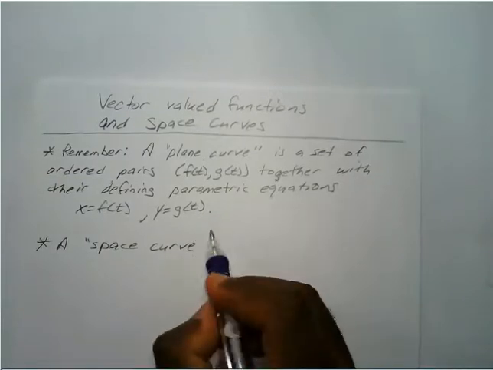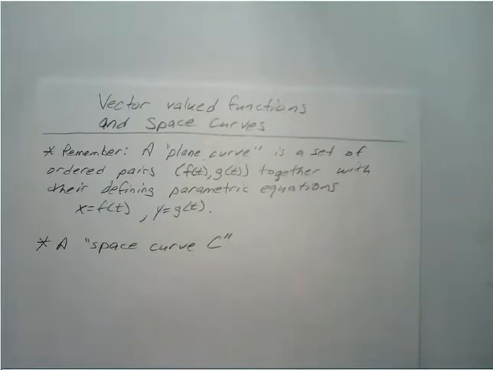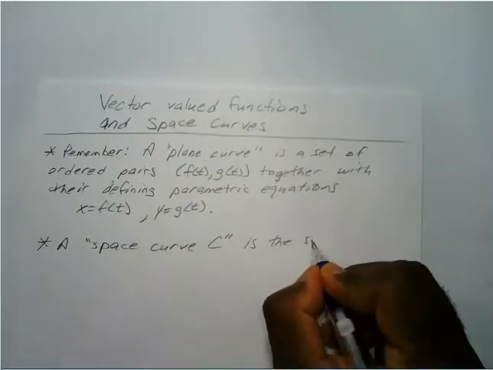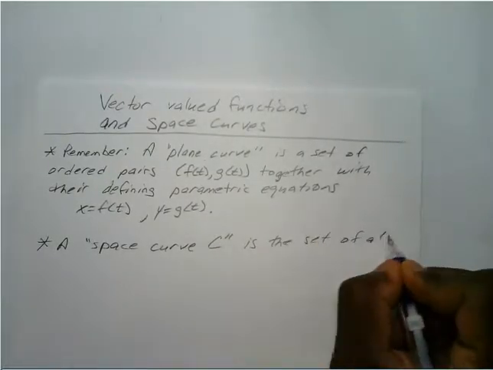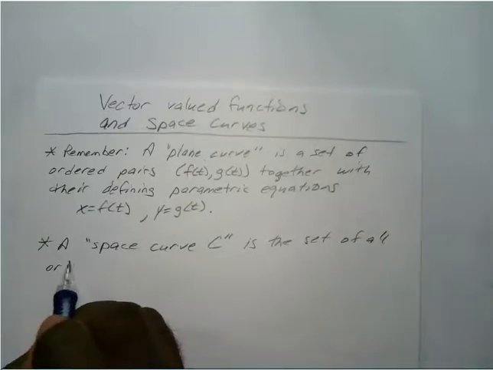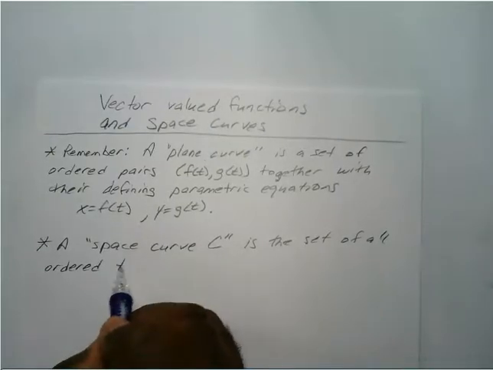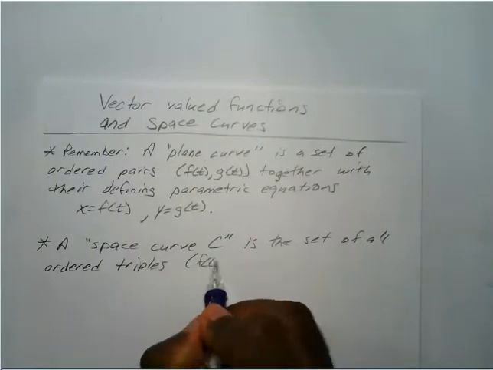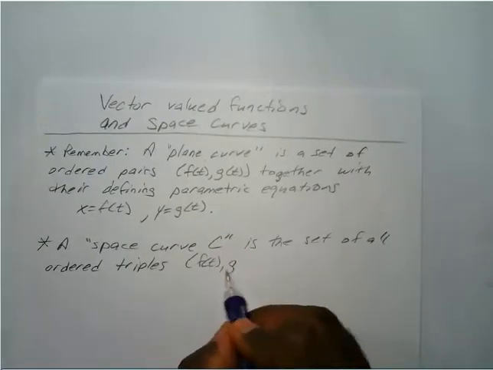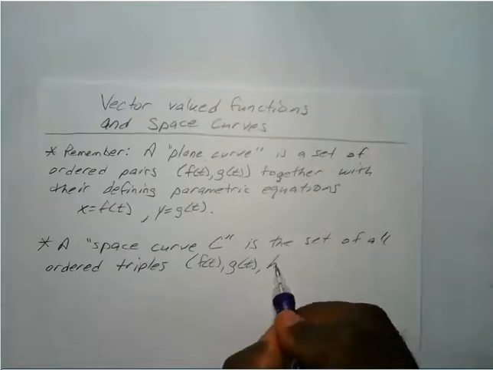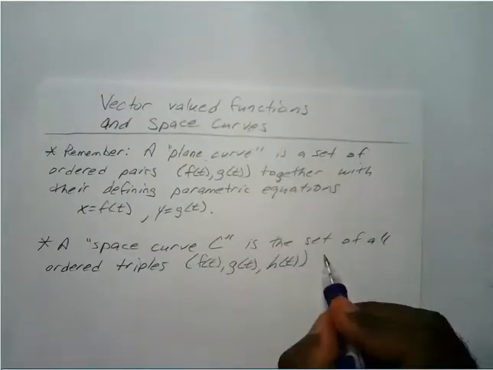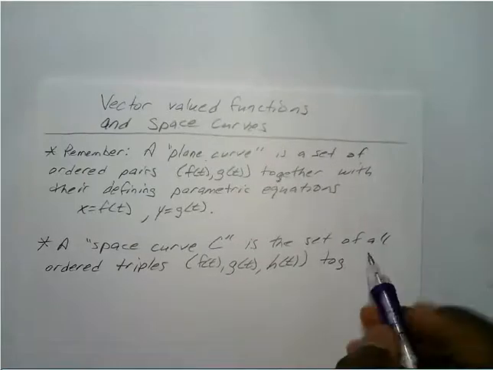And that space curve, we'll call it uppercase C, is the set of all ordered triples, and that's f of t, g of t, and h of t, together with their defining parametric equations.